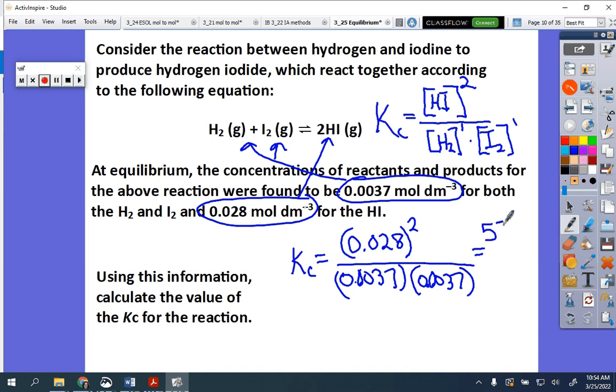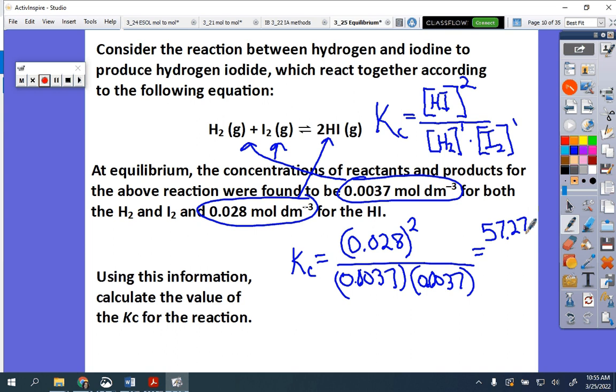I get 57. Well, technically we only have 2 significant digits, so I would say that the KC is 57. If you took it out a little further, maybe 57.27, something like that. Is that what you guys got? Okay.